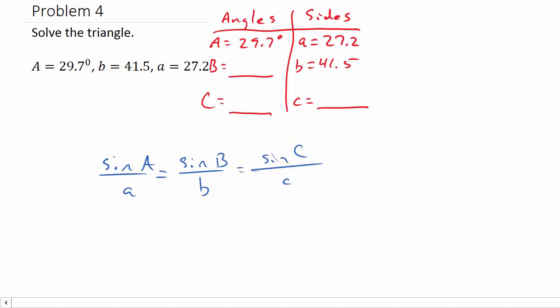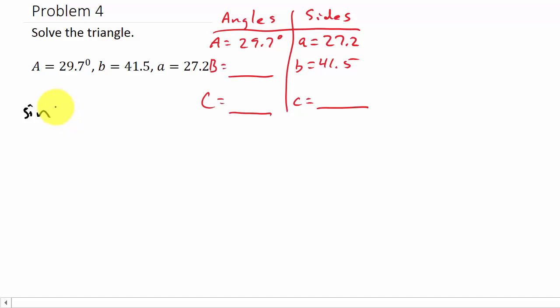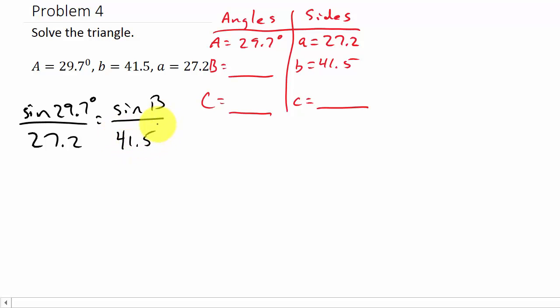You can see we know angle A, side A, and side B, so we can actually solve for angle B. That's what we're going to use. That gives me the sine of 29.7 degrees over 27.2 is equal to the sine of B over 41.5.